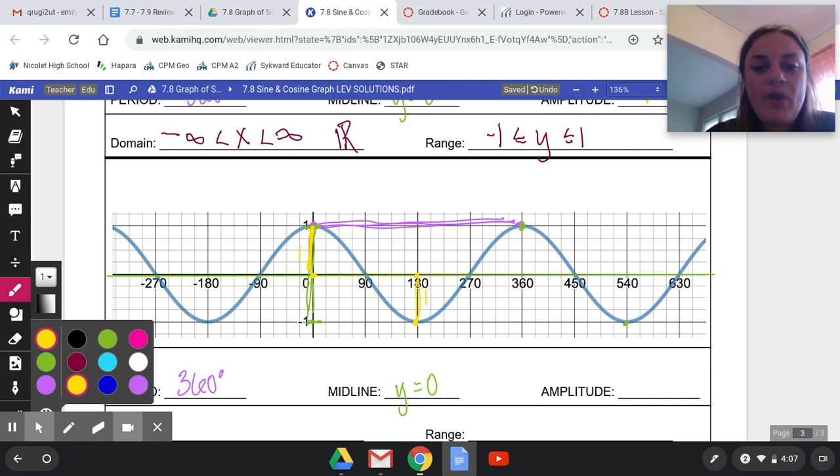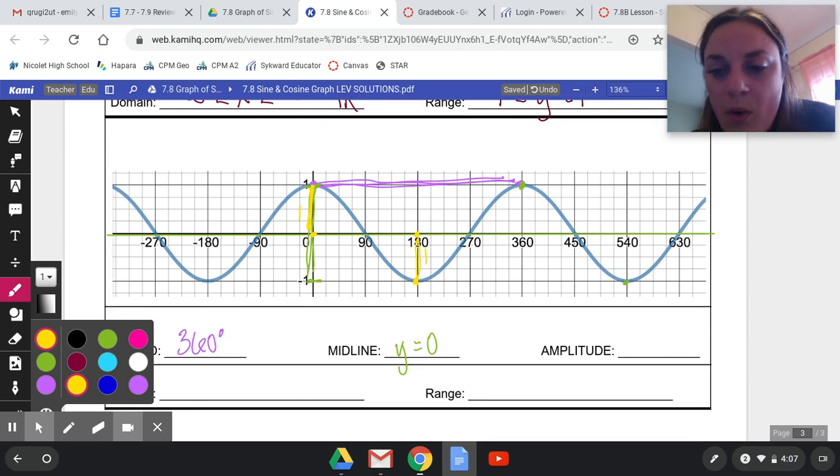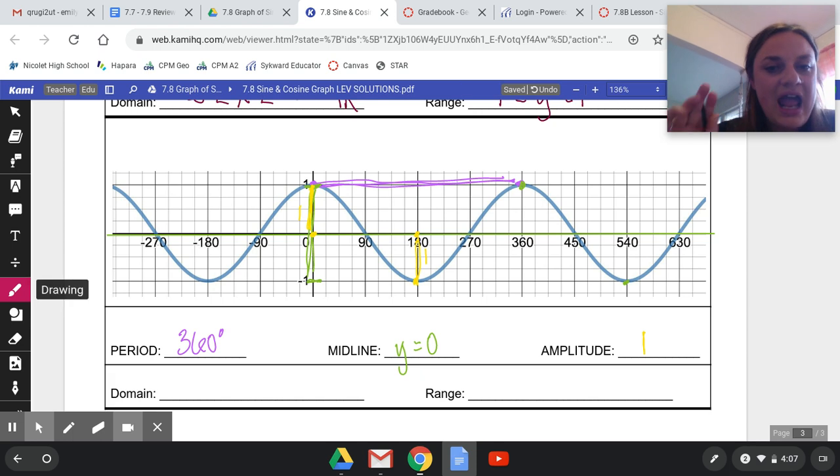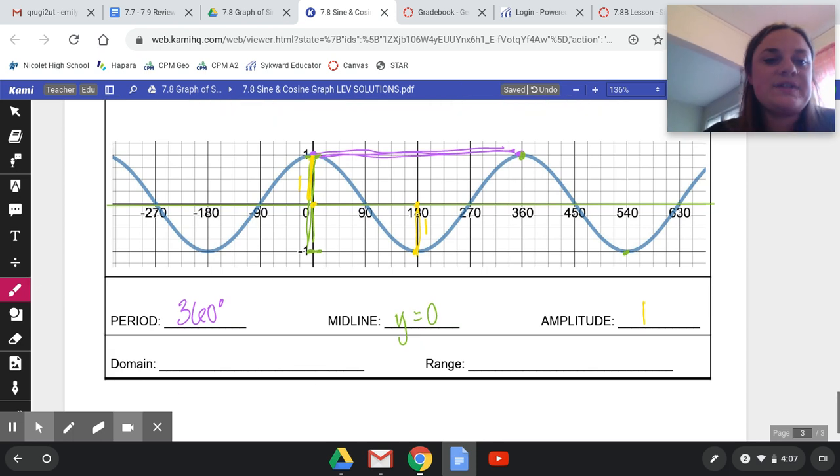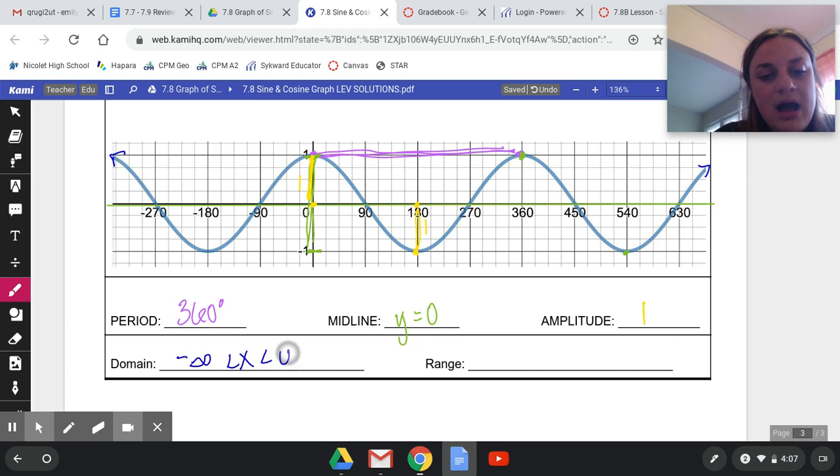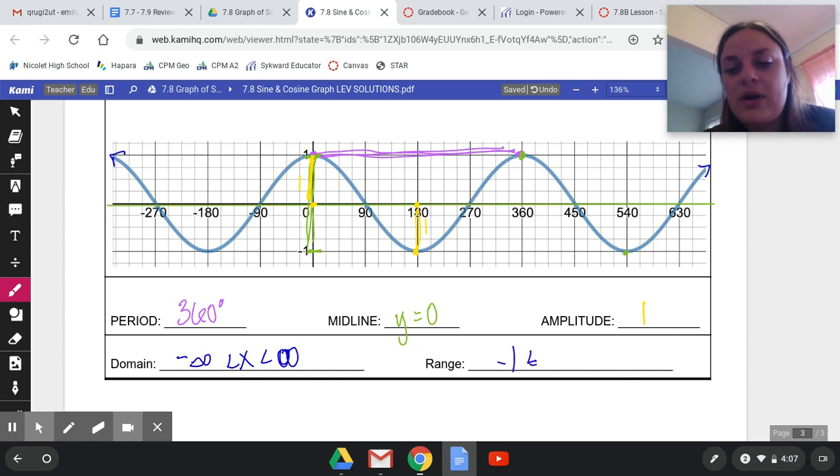So my amplitude is 1. Now let's talk about domain and range. This is going to keep going to the left and to the right. Domain: negative infinity less than x less than positive infinity. For my range, my lowest value is -1, less than or equal to y, less than or equal to 1.